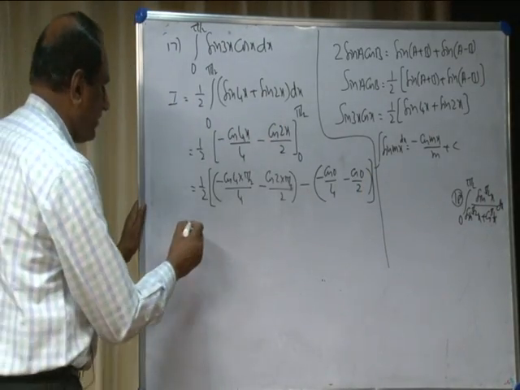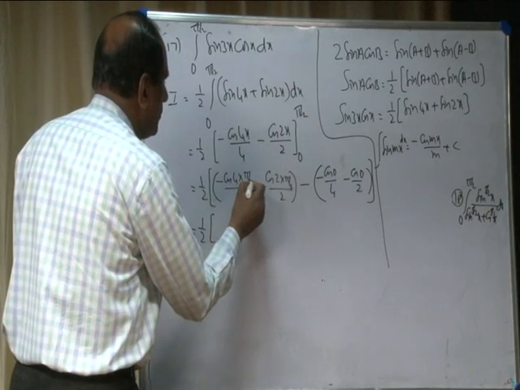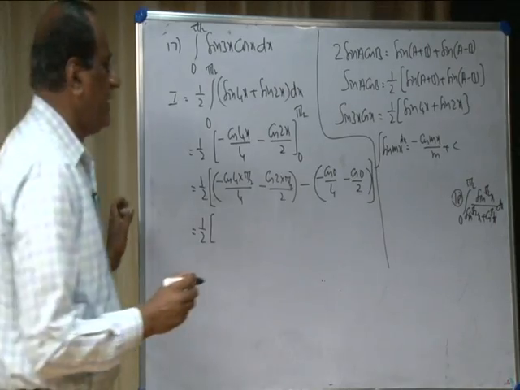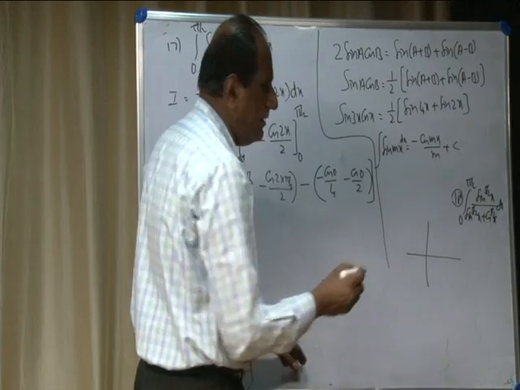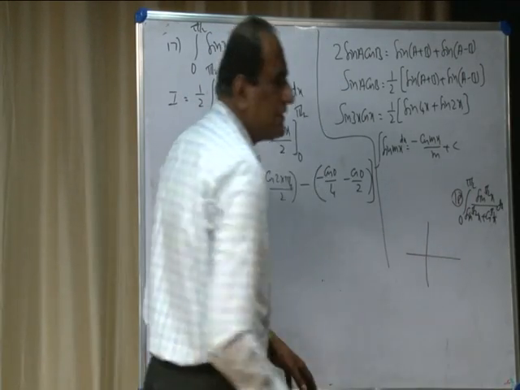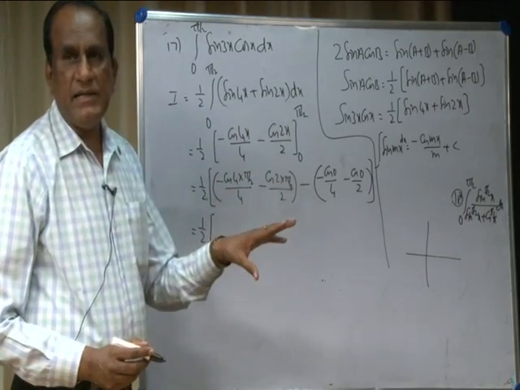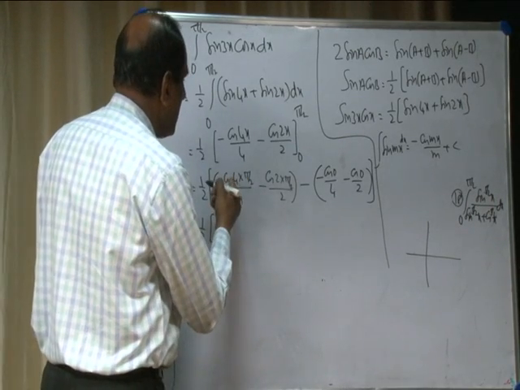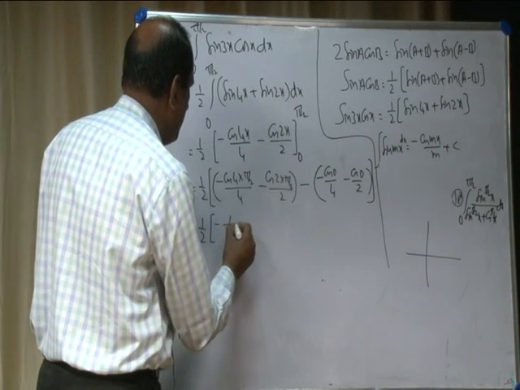Now, this is half into: 2 divides 4 two times, that is 2 pi, cos 2 pi. Here 2 pi means 360 degrees, which is the same as 0 degree, so that is cos 0 degree, which is 1 by 4.